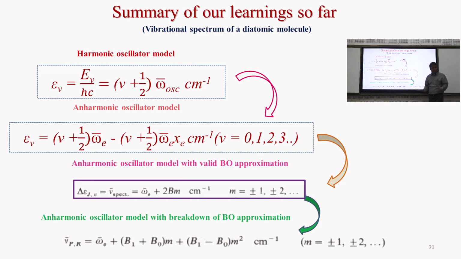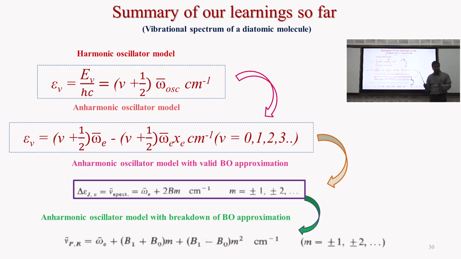Fundamental band, first overtone, and so on, but this doesn't allow you to explain the lines appearing in the fundamental band. For that we have to consider vibration and rotation together, and when the Born-Oppenheimer approximation is valid, meaning there is no change of B with the change of vibrational energy level, we get this expression.